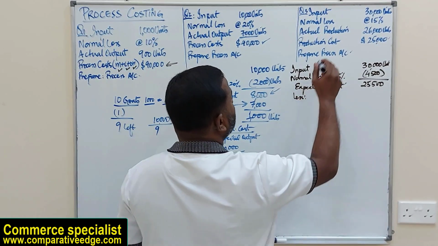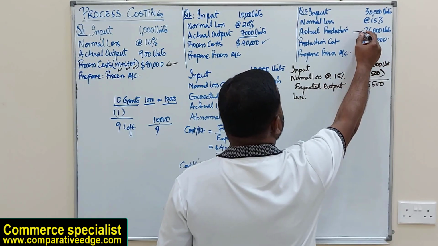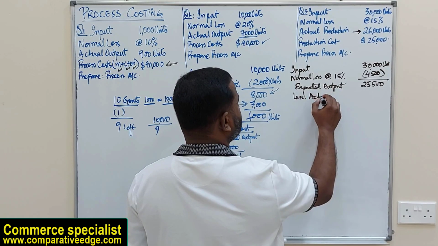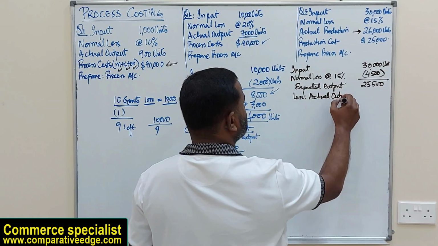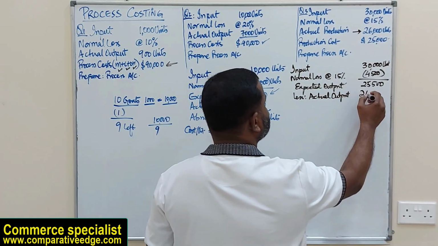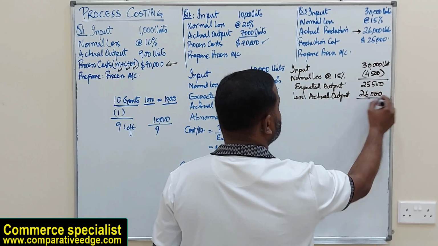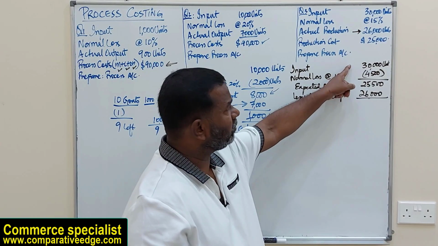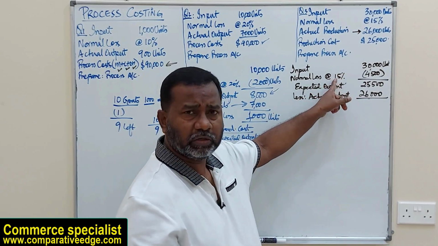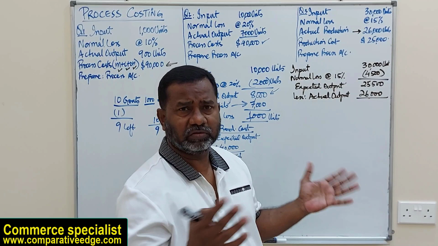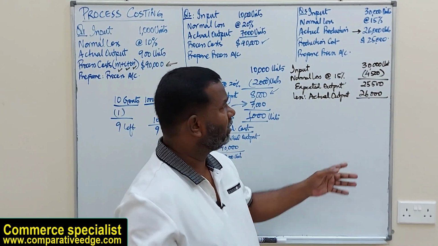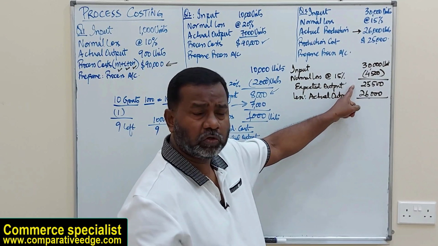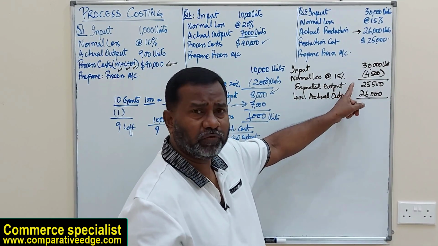But if you look at your actual production, actual output, which is 26,000, it's a kind of a miracle. Your historical figure shows that if you are putting in 30,000 units for production, 15% of the units will be lost as normal. We are mentally ready for that. So if that happens, we are expecting the good units to be 25,500.